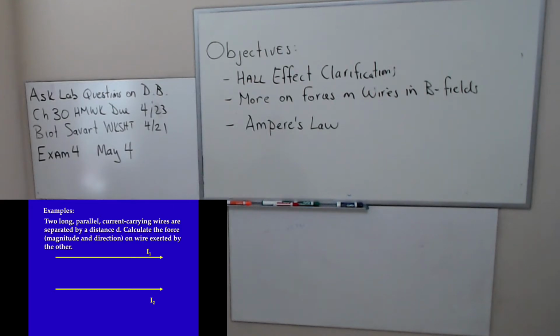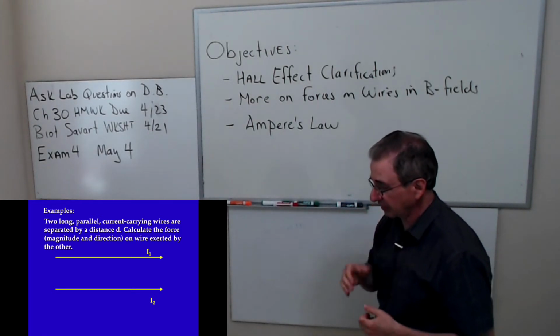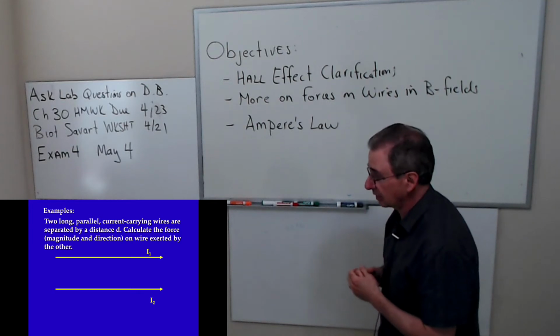You have a Biot-Savart law worksheet due next Wednesday. That was a little bit more challenging than the one you just turned in, because as usual, when you're calculating a field using calculus, it's always a challenge to learn how to do them.